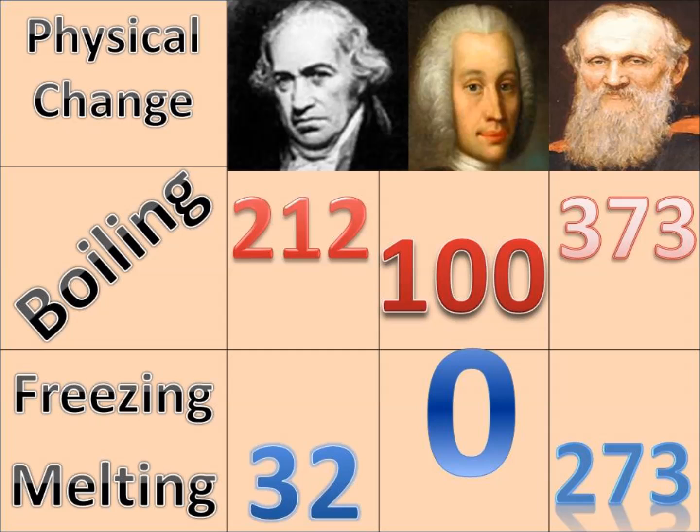These are 3 things that you should already know. That's just Fahrenheit on the left, Celsius, and Lord Kelvin on the right. Those are the 3 temperature scales: Fahrenheit, Celsius, and Kelvin.